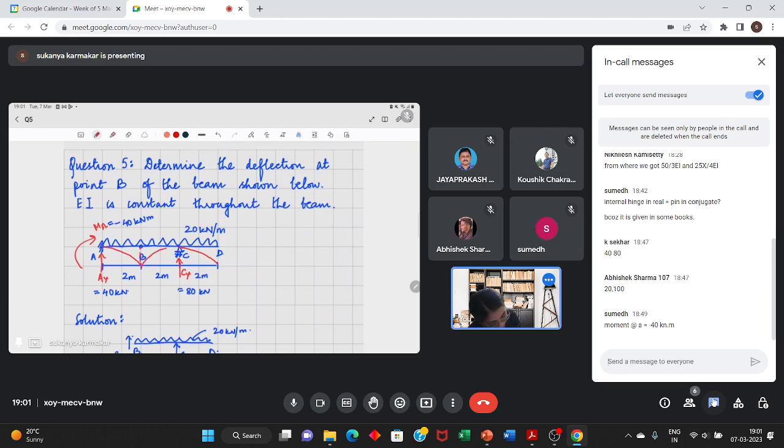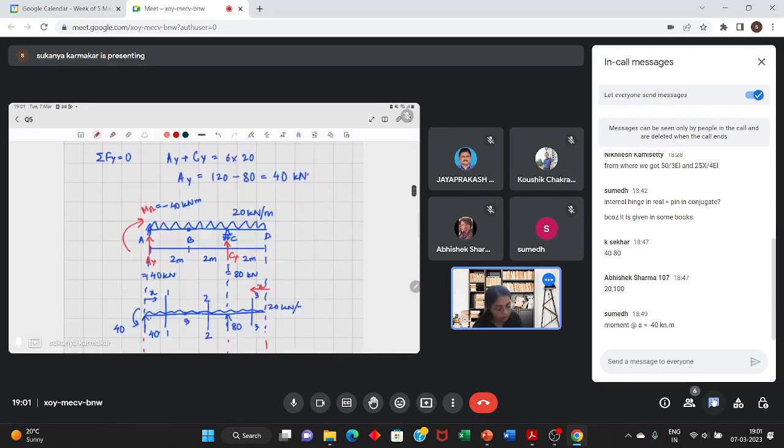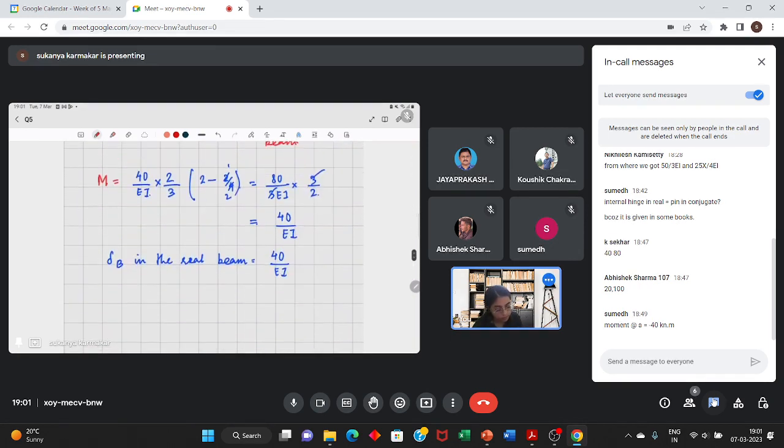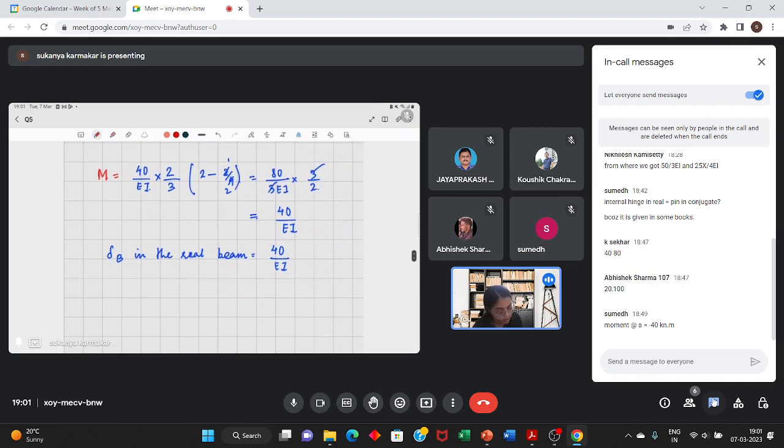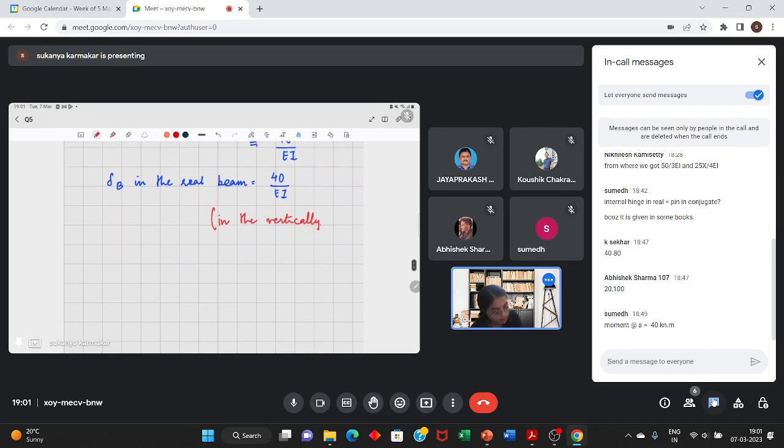And this part will go like this. So the deflection is in the vertically downward direction. So the deflection is this much in the vertically downward direction.